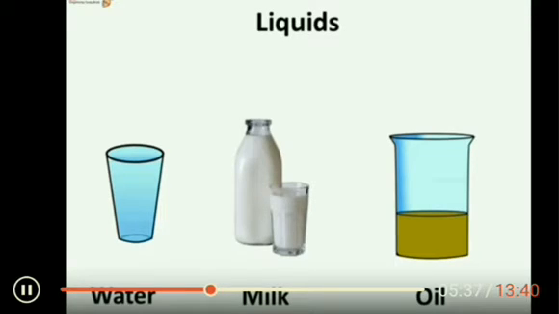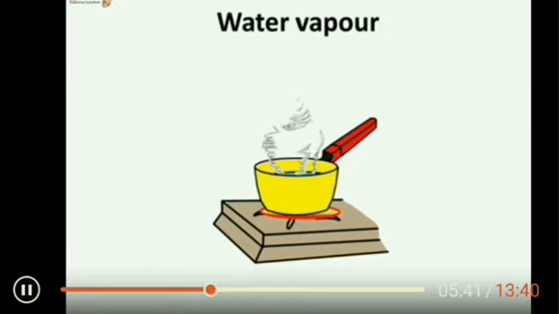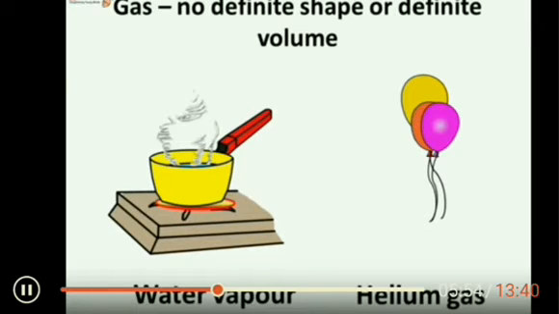Now coming to water vapor. We know that water vapor does not have definite shape and definite volume. So we can say water vapor, helium gas that fills the balloons, oxygen, carbon dioxide, etc. are examples of gas.